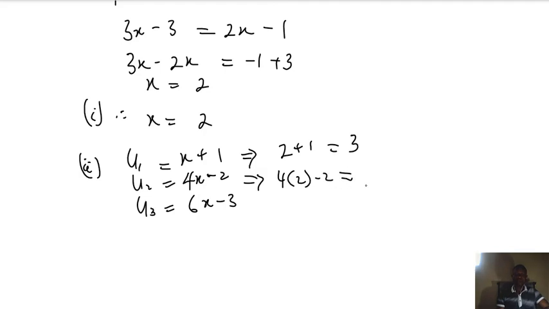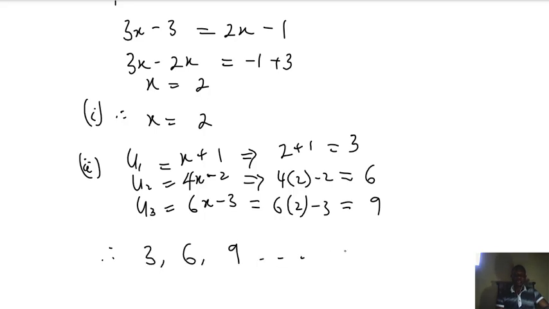So 4 times 2 gives us 8, minus 2 gives us 6. And U3 is 6 times 2 minus 3. So 6 times 2 gives us 12, minus 3 gives us 9. Therefore the first three terms are 3, 6, 9, up to 18.